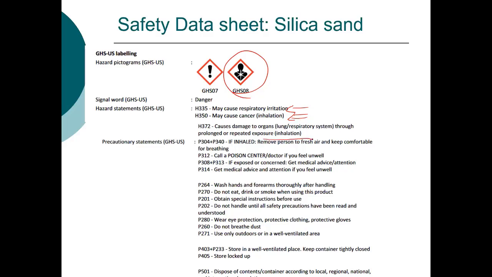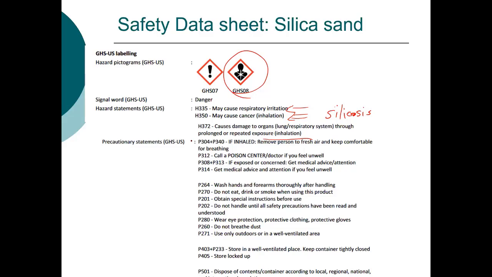The issue we mentioned when we talked about health effects was silicosis. So silicosis is an inflammation of the tissue, causes scarring within the lungs, and causes significant breathing problems. So now you can see also these are the precautionary measures.